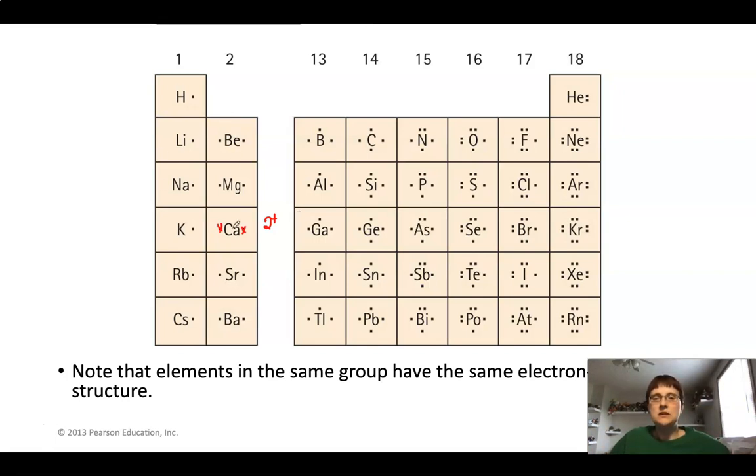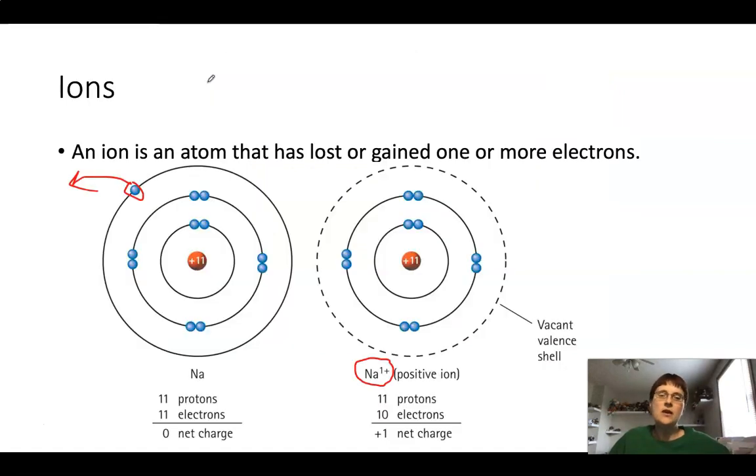So that's the case for this entire group. This entire group will become +2, and this entire group here is going to become +1. So that's how you get a positive ion.